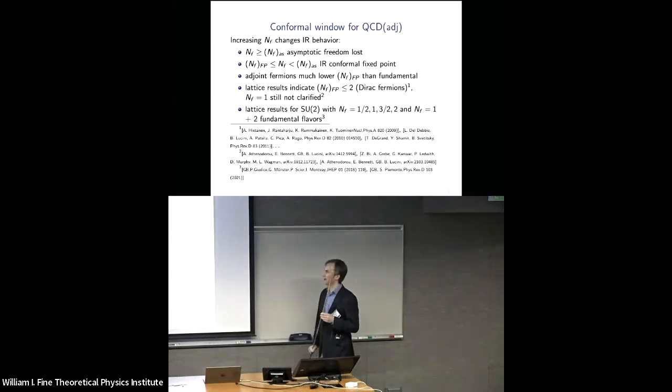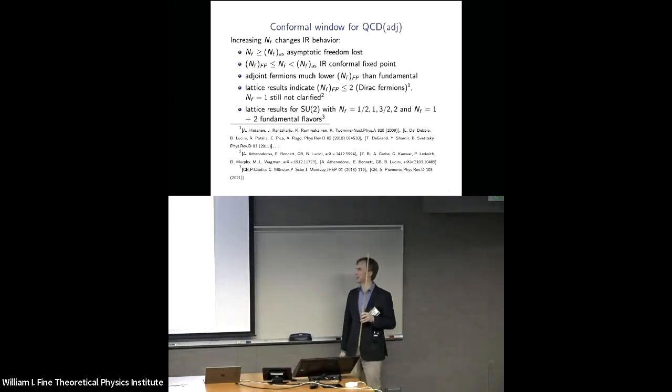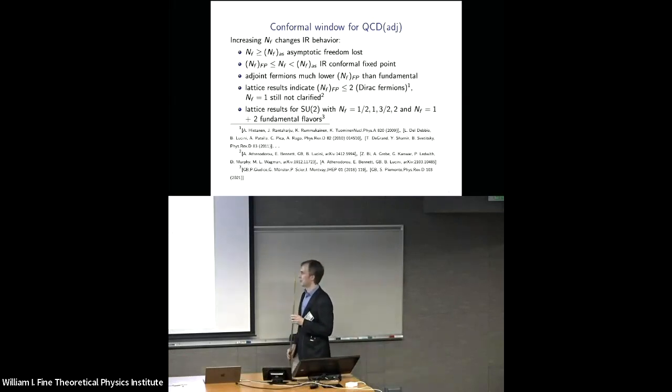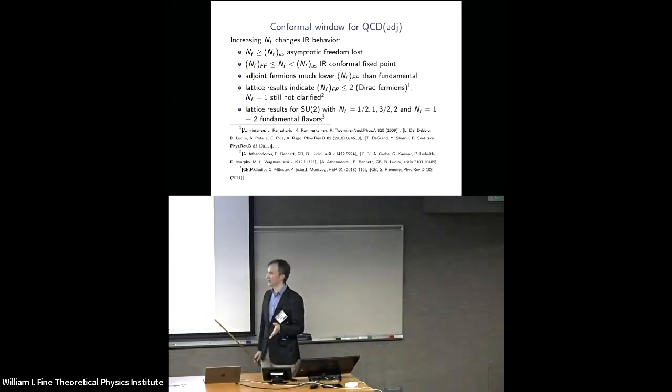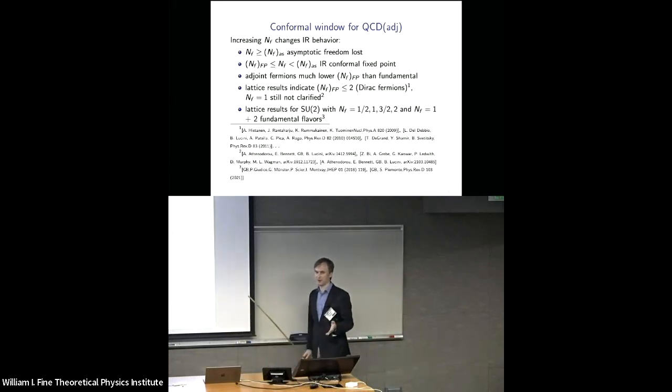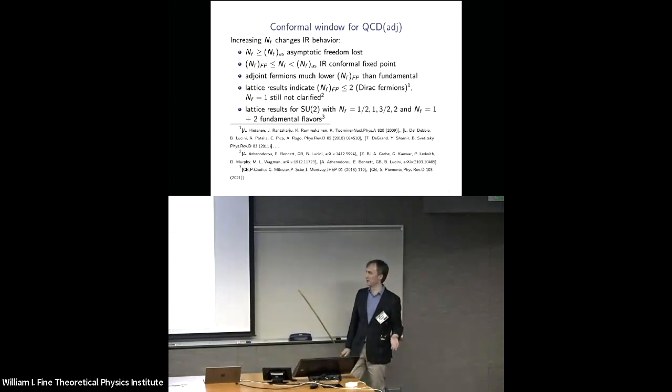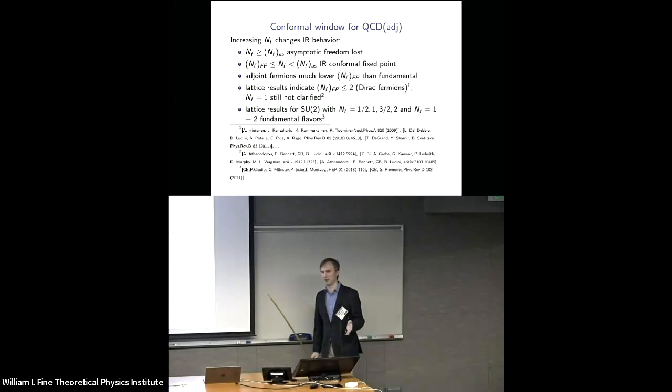The important point here is that for the adjoint fermions, this number is much lower than for the fundamental representation. So if you compare supersymmetric Yang-Mills theory results with lattice results which have a larger fermion content, it can be that you are in a completely different regime.